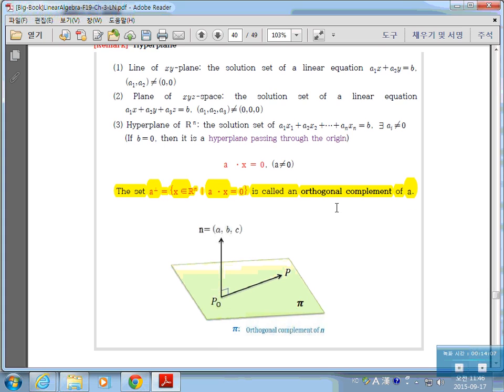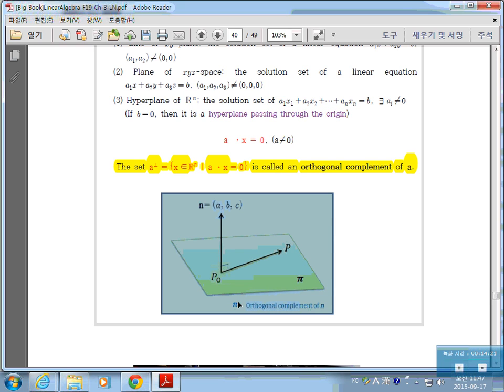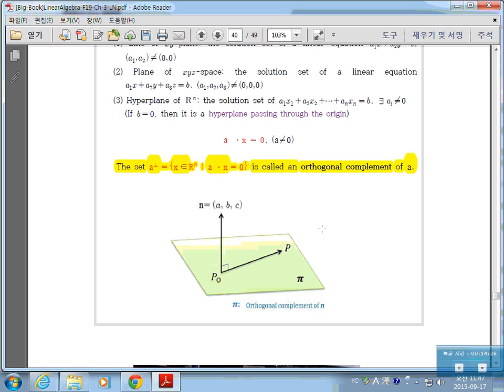What this means is, if we have a plane here, then this plane can be represented by this equation. And this orthogonal complement is the one which is orthogonal to that plane, the vectors orthogonal to that plane. This is called the orthogonal complement. So if we have a vector n here, then the set of vectors orthogonal to this vector n is what?